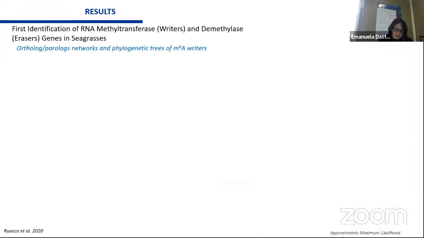Before starting with the real-time analysis, we performed an inventory of the genes related to this process in seagrasses using the genomic and transcriptional data available, and we compared the genes with the genes of Oryza sativa and Arabidopsis. This is to identify if seagrasses possess the whole repertoire of the m6A genes.